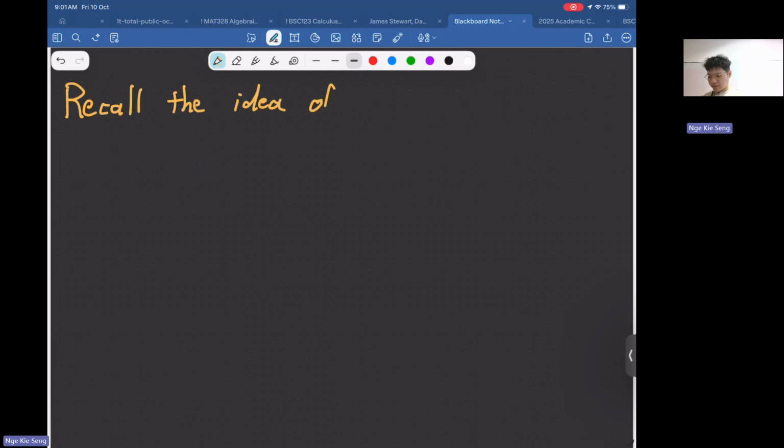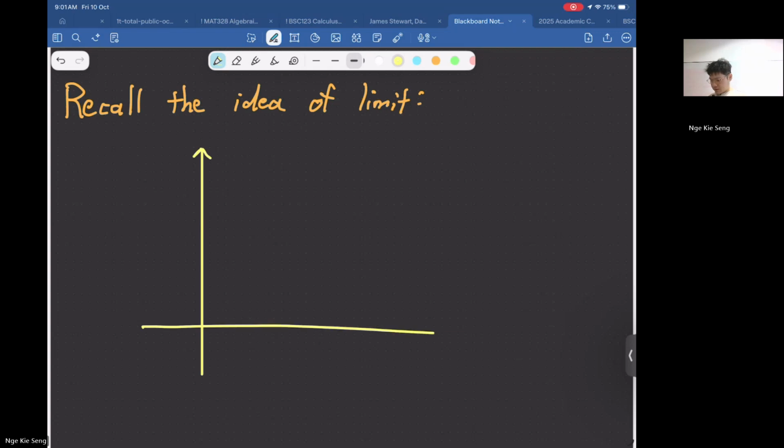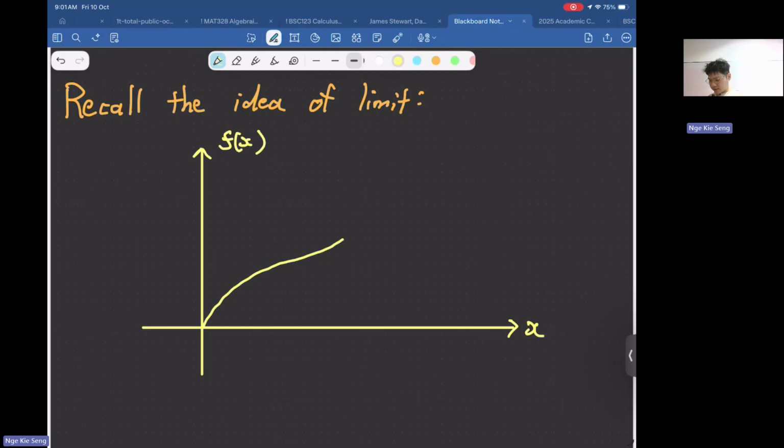So let's recall the idea of a limit of a function. It's the definition of a limit. The idea of a limit is we want to see what value f(x) approaches when x is near some neighborhood.